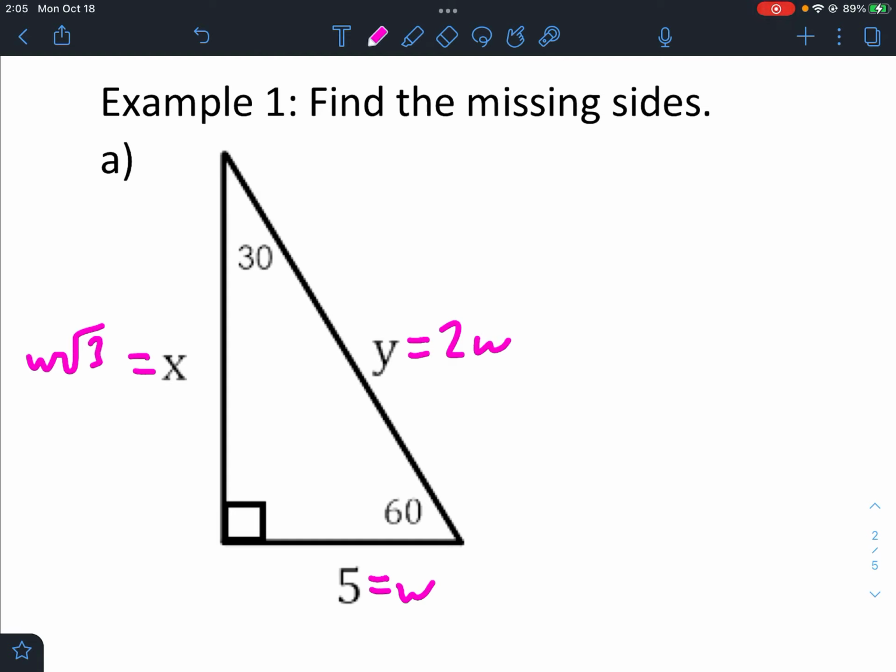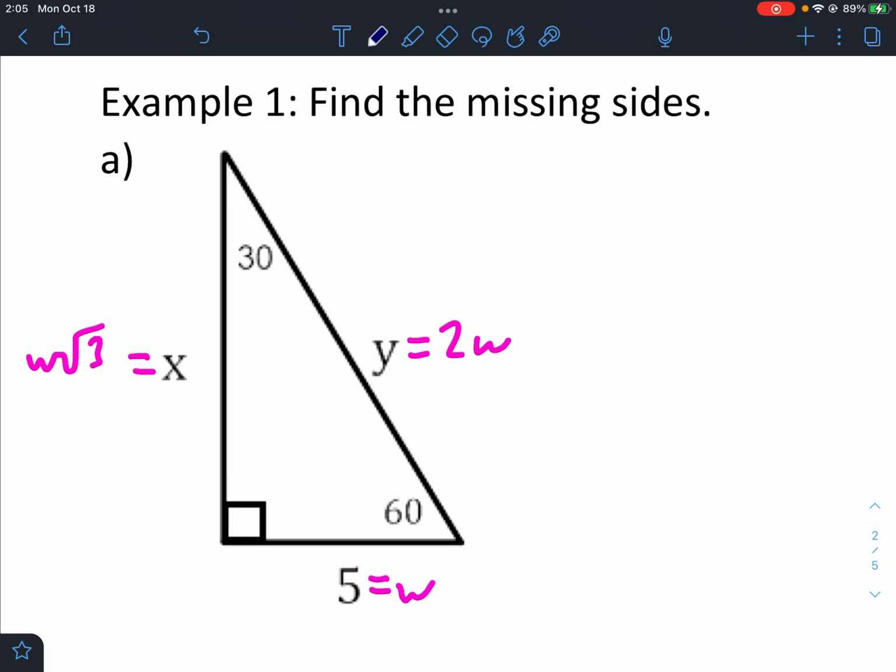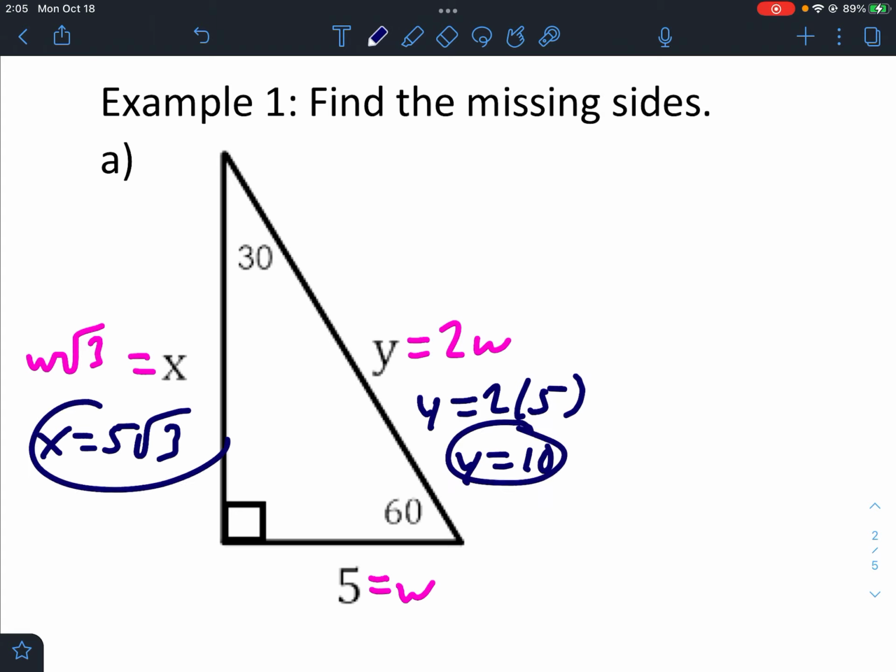Just like in our 45, 45, 90 video, we want to solve for W next, but again, it's given to us here, so there's nothing to solve for. All we have to do now is take that W, which is 5, and put it everywhere we see W, which is here and here. And we get our answers of y is 10 and x is 5 root 3. So our three side lengths are 5, 5 root 3, and 10.